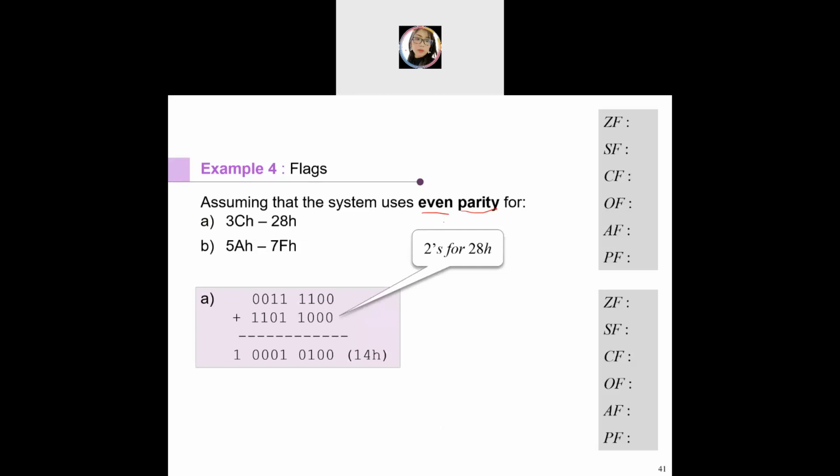You're going to use the complement, because you have the minus here. You're going to change this to be addition. Remember, if you change it, it's going to be 3C hexadecimal plus minus 28 hexadecimal. This minus you're going to change to be a second complement.